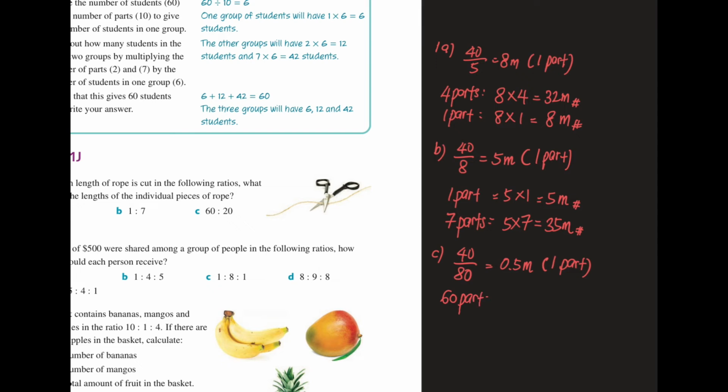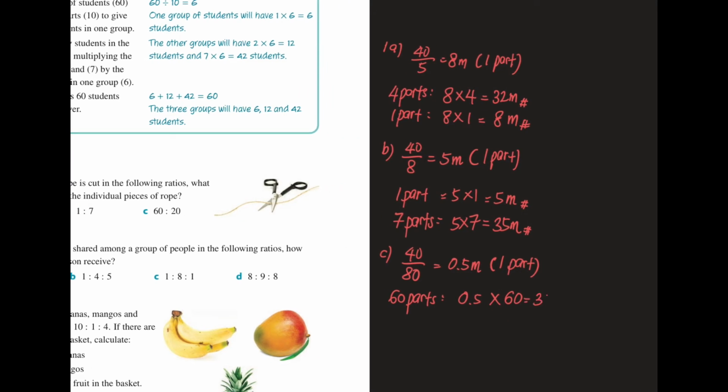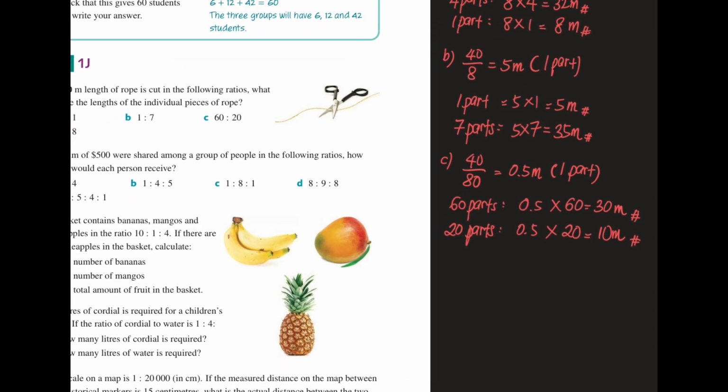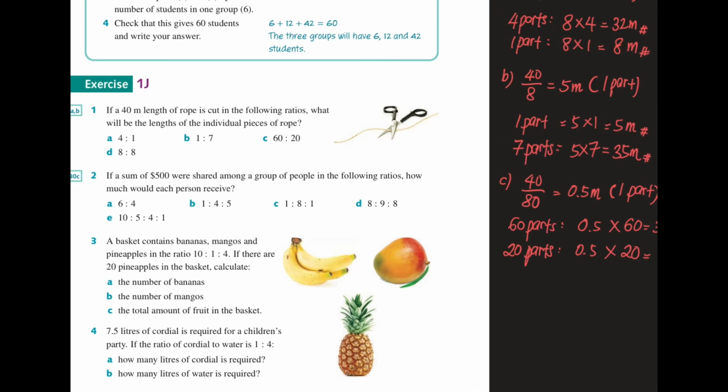So 60 parts is 0.5, which is one part, multiplied by 60, and then we get 30 meter. 20 parts, so 0.5 multiplied by 20, and then we get 10 meter. Okay, so 30 meter and 10 meter. So that is part C.